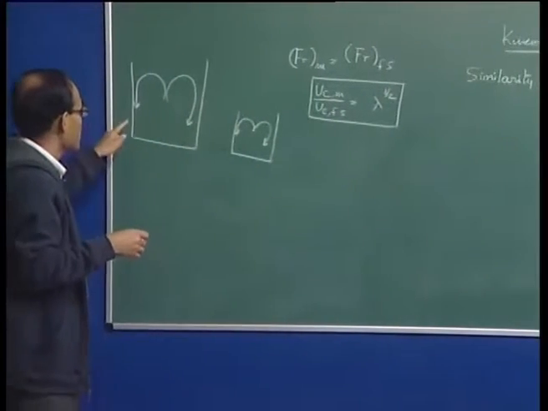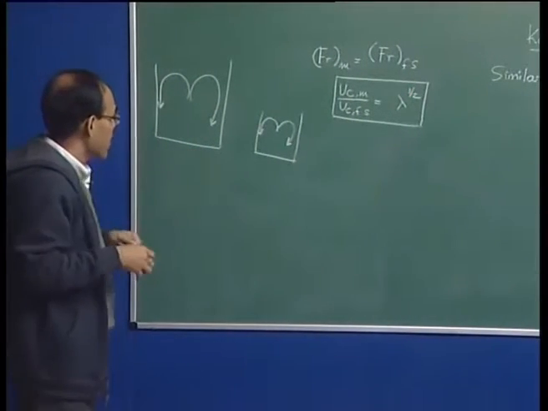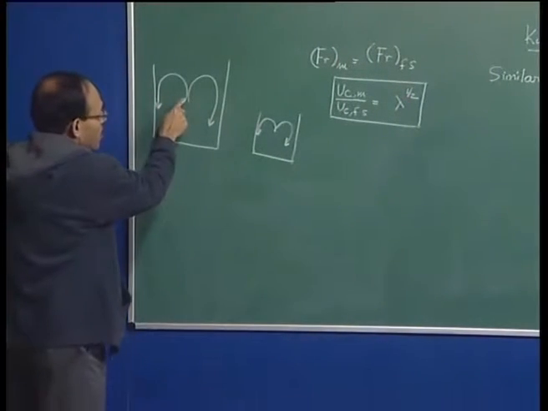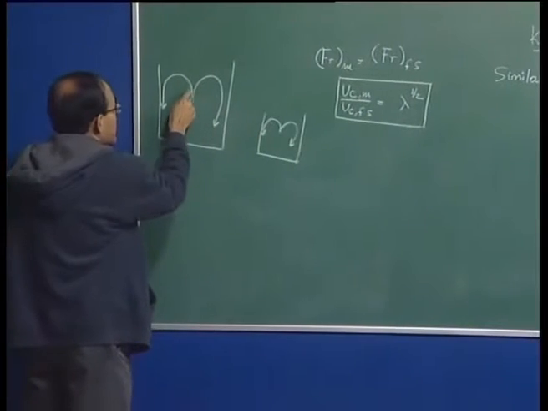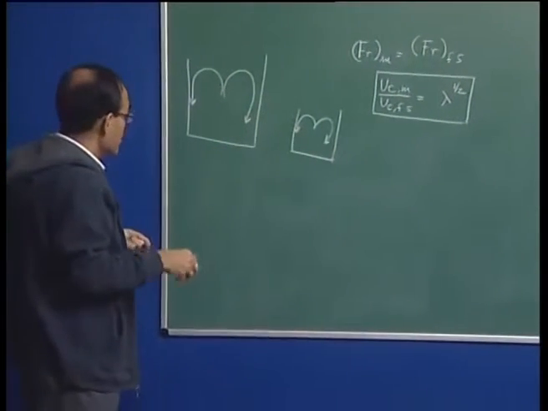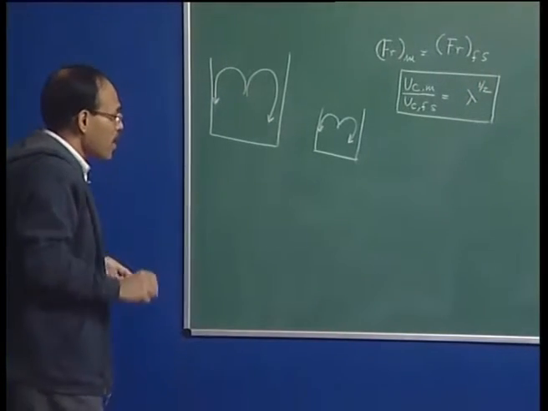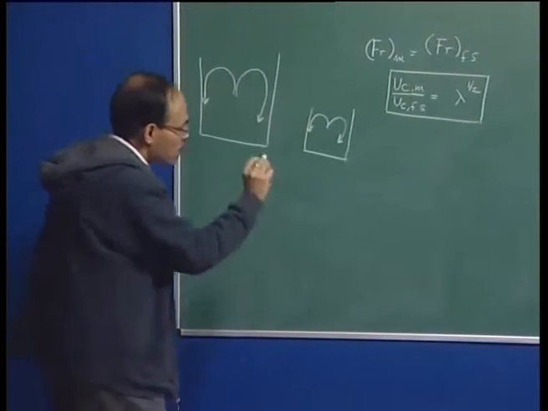Kinematically similar systems exhibit a similarity in flow fields, and corresponding particles in model and full scale systems trace out geometrically similar paths in corresponding intervals of time. Now, let us look at the consequences.